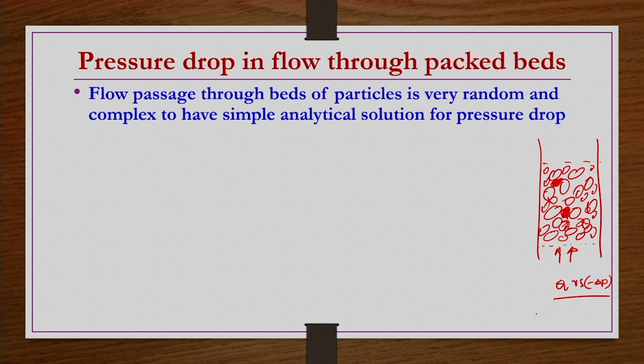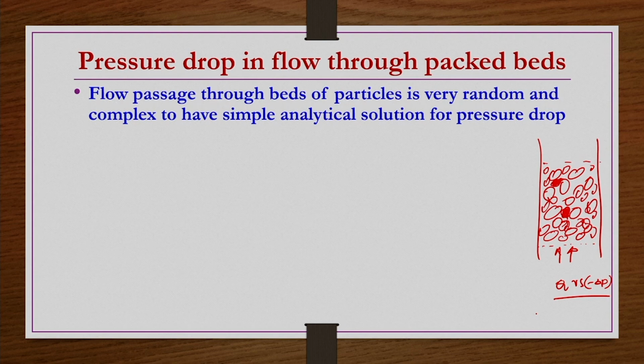That is not possible here because of the random and complex packing in the bed, and because of that packing the flow is very complicated. So analytical solutions for pressure drop are not possible in general. However, we make some assumptions or engineering simplifications in order to get certain analytical solutions for these cases as well, but there may be some constants, and we fix those constants based on experimental results.